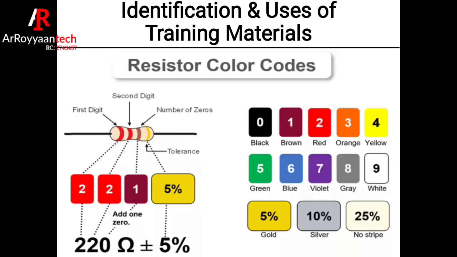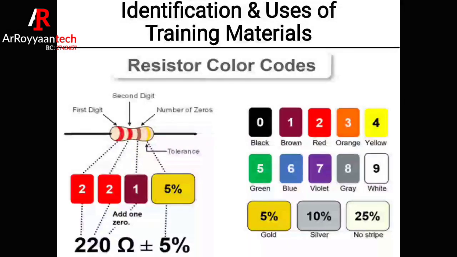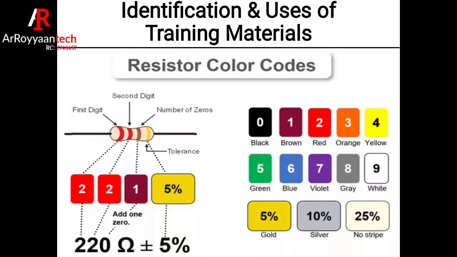So let's do a little calculation. Looking at this resistor, the first is red, the second is red, the third is brown, and the fourth is gold. The first digit is red, which is 2, so write 2 down. The second digit is 2 again, so write 2 down. The third is brown, so you say 10 raised to power 1, which is 10.